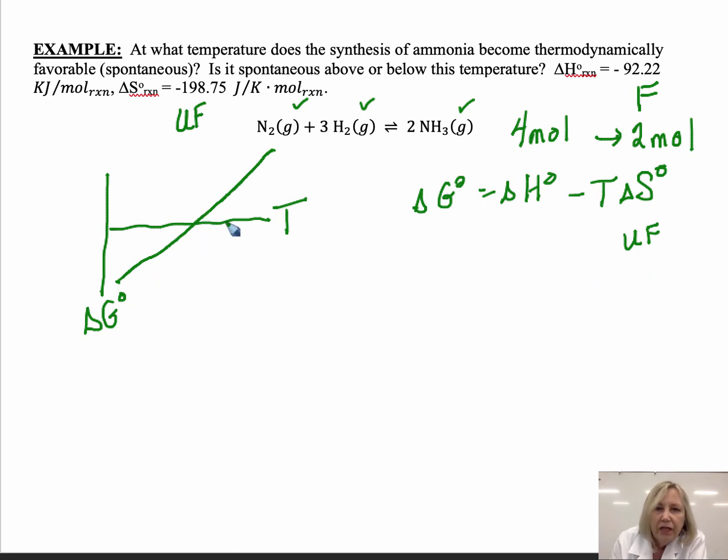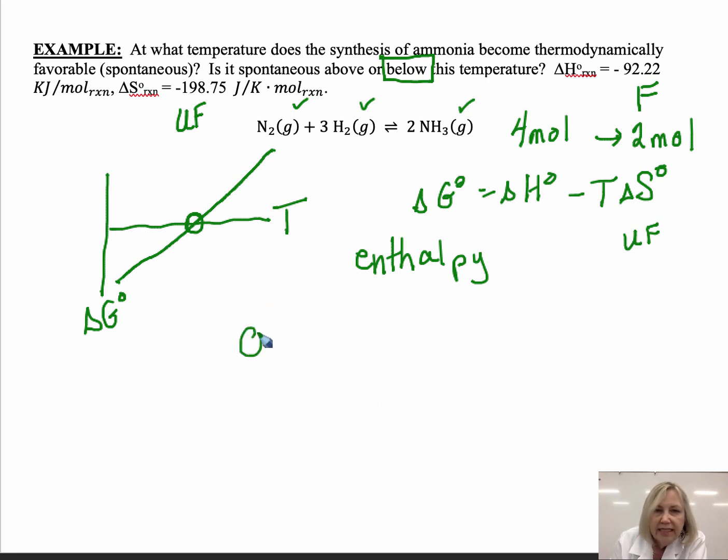Now, the crossover point, that's what the question's asking us. At what temperature does it become spontaneous? We've already answered the question that it will be below. It is an enthalpy-driven reaction.